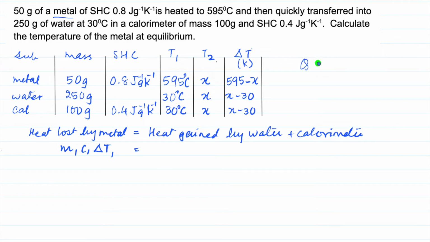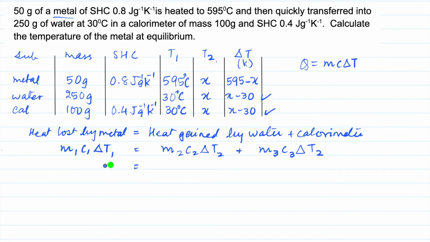Why? Because the heat absorbed or given away is MC delta T. Now heat gained by water, let us call that as M2C2 delta T2, plus the calorimeter also will have its mass M3C3, and delta T2 will be the same for this also, delta T for water and calorimeter. Can you see it is the same? So I'm writing delta T2.